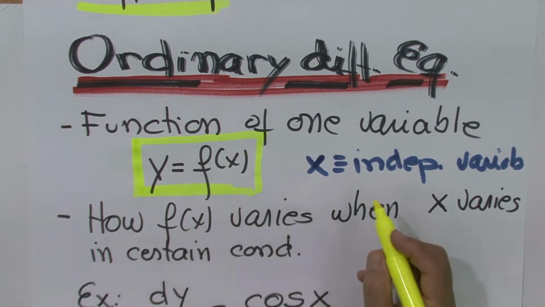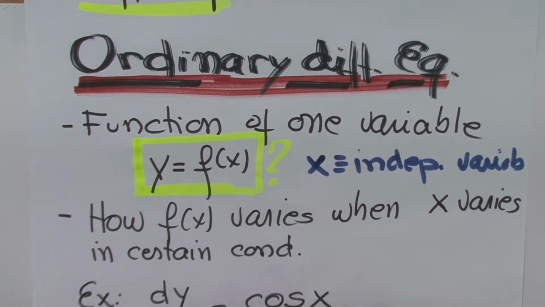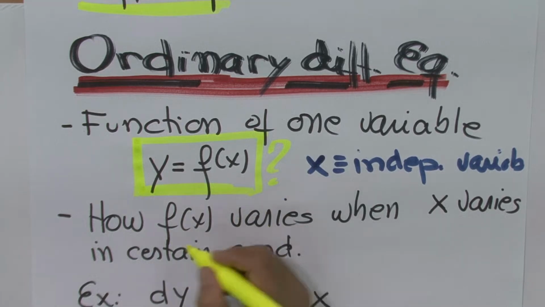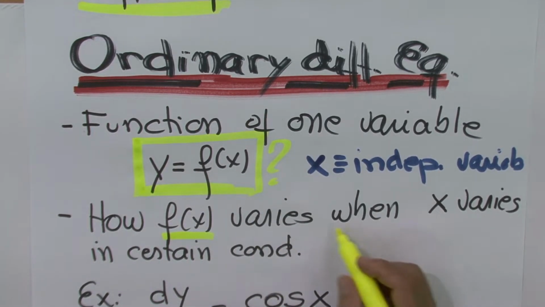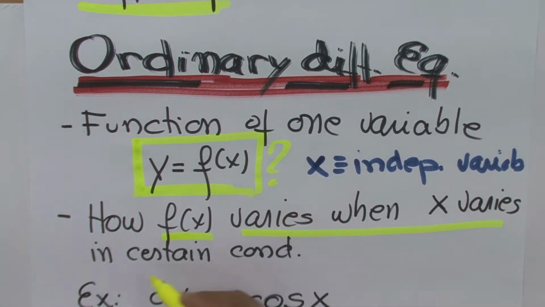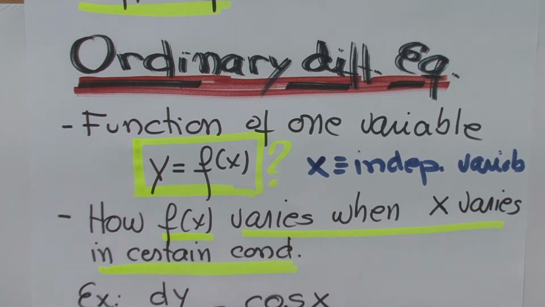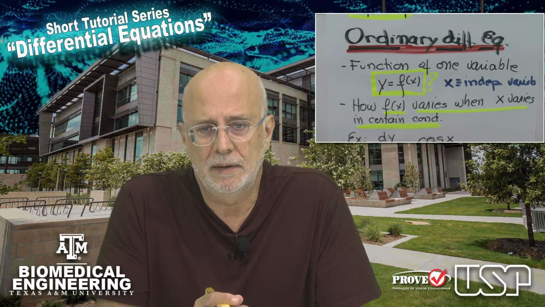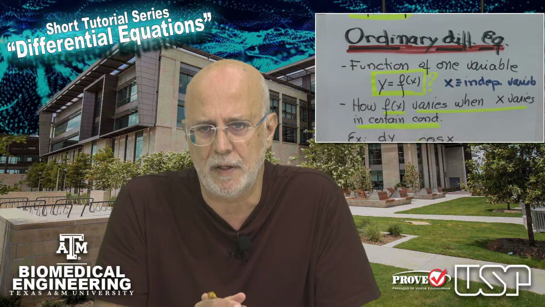But it turns out that I don't know what this quantity or this equation is. How this function or this quantity varies when the independent variable varies in certain conditions is one of the things we need to know to build up the differential equation.